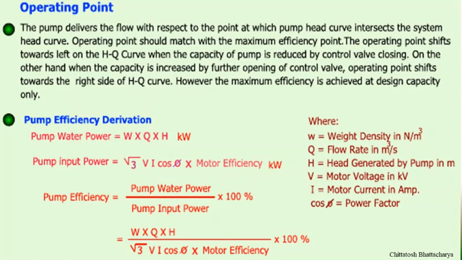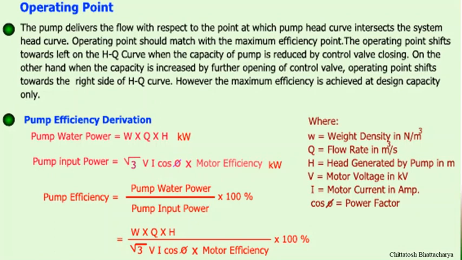Multiplying these three factors, we get the pump hydraulic power. Then pump input power is root 3 VI cos phi times motor efficiency, and pump efficiency is pump hydraulic power divided by pump input power. So this way we can calculate the pump efficiency.